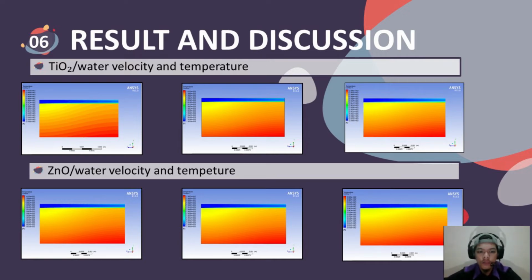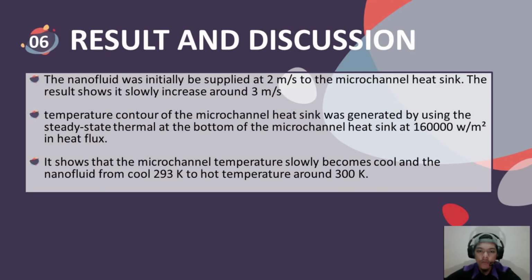Same for zinc nanofluid. This is my temperature of the heat sink and the velocity of the nanofluids. The nanofluid will initially be supplied at 2 meter per second to the microchannel heat sink. The result shows it slowly increases to around 3 meter per second.